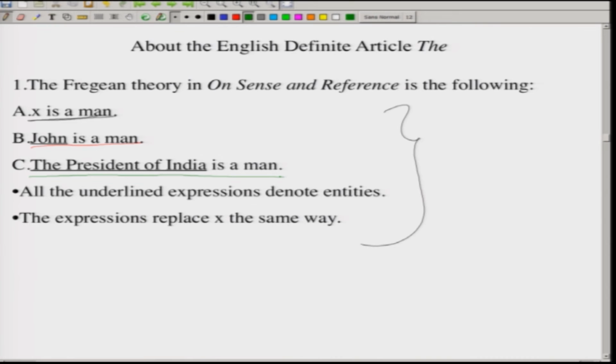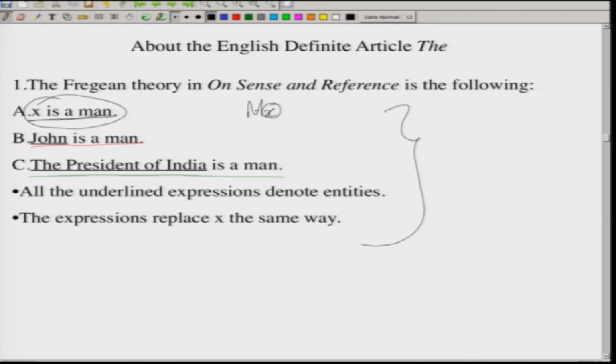Which means that as if one single structure like X is a man, or MX, underlies John is a man and the President of India is a man, as if X could be similarly replaced by both John and the President of India. That is, John is an entity and also the President of India is an entity. They could both replace X and make statements like John is a man and the President of India is a man.